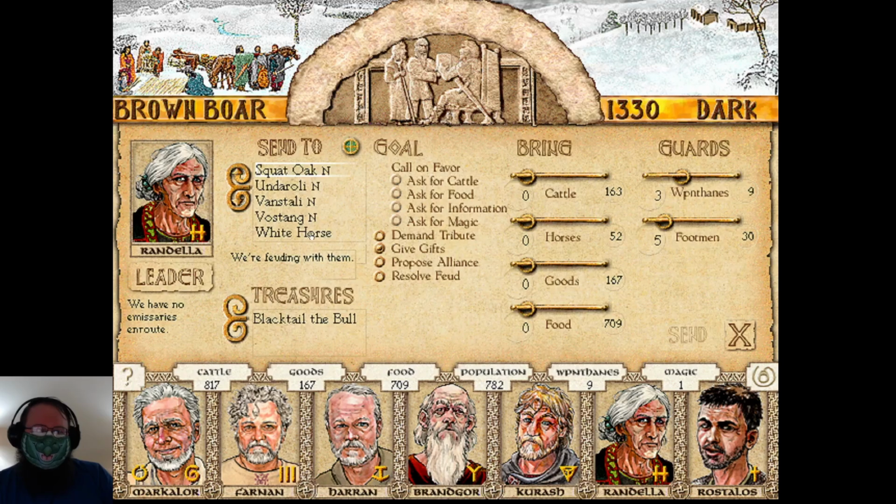Yeah, let's send an emissary to them. Resolve feud. And what if we send 5 cattle? I don't know. And the guards are 4 weapon thanes, 12 footmen. No harm in trying.